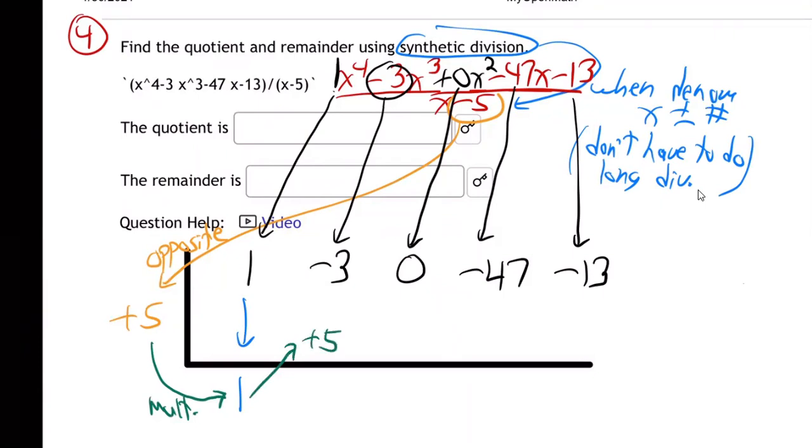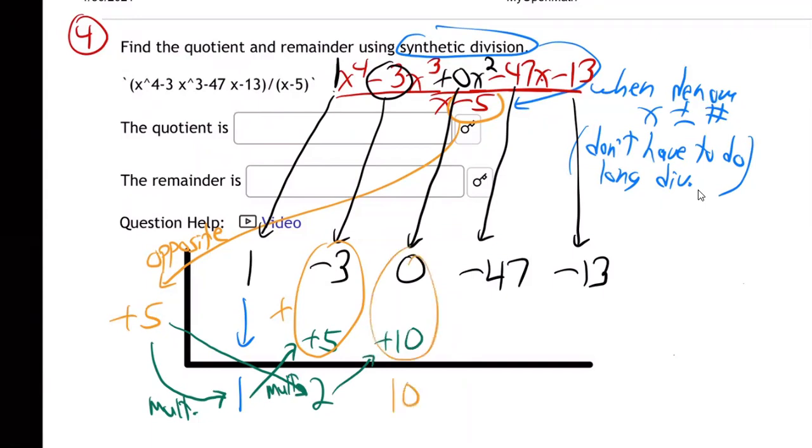And then we add them up. What do you get? 5 minus 3, 2, plus 2. And then we multiply. 5 times 2 is plus 10. Add them up. 10.